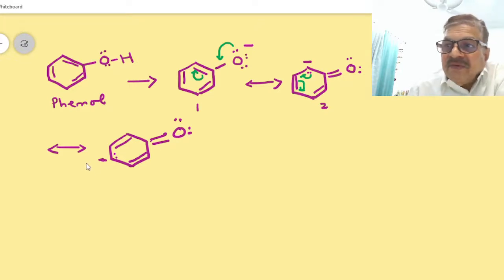So now how will the electrons migrate further? Here, these electrons will go like this. Then this, correct. This is structure 3.